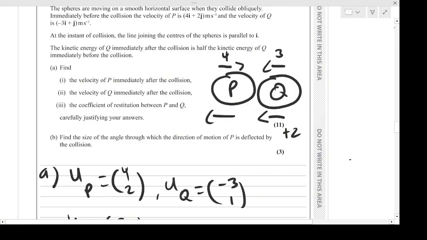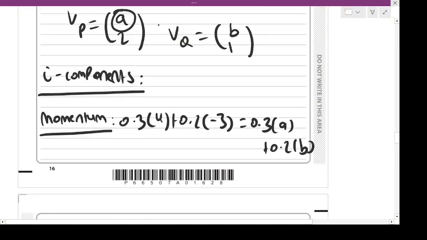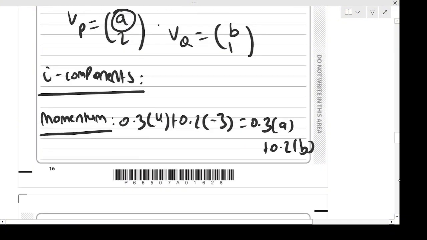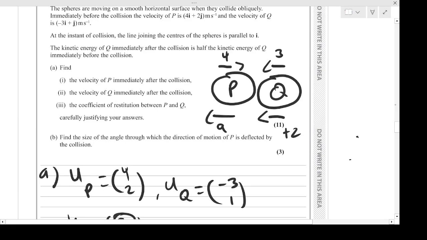So Q wouldn't have to pass through P. So we need to justify this further by working out, if Q is going to the left by 2, what would P go by? Well, remember, for P, the I component is A. So I just need to work out A, right? So B would have to be minus 2, if it was going to the left by 2.